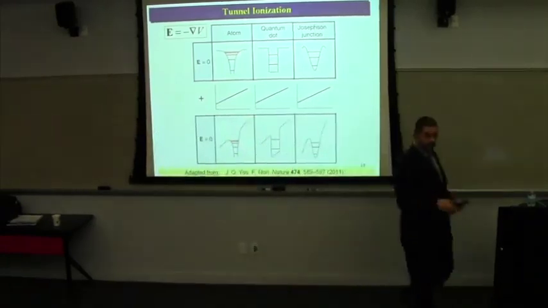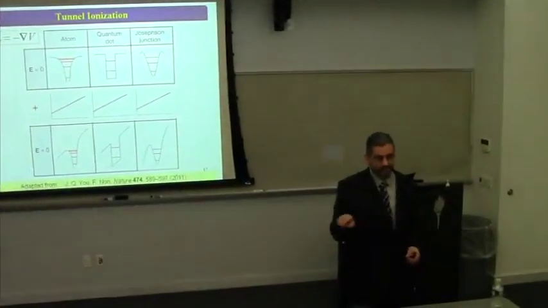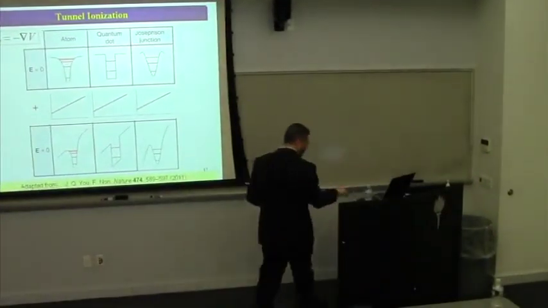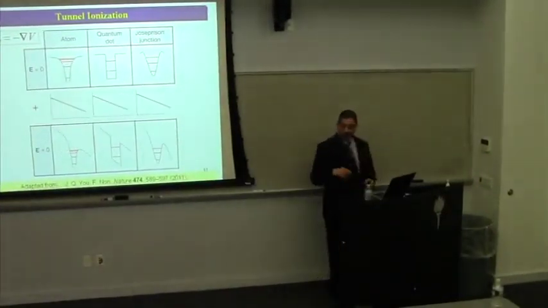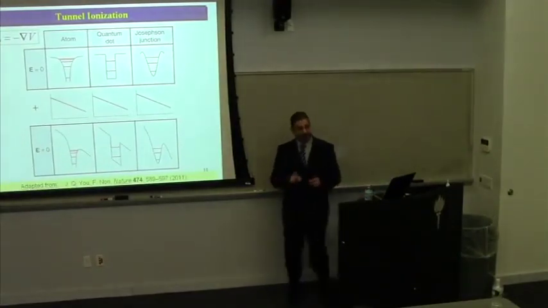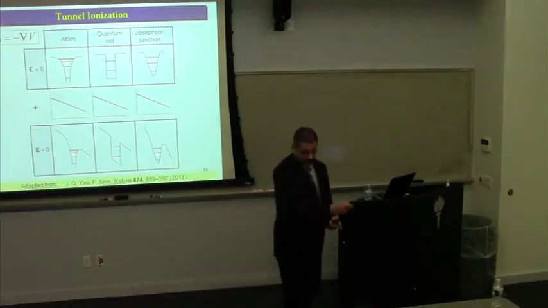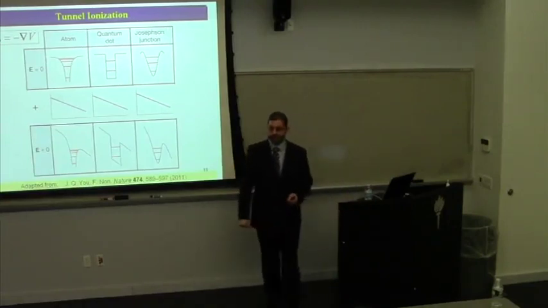And note as well that you're talking about oscillating time-dependent fields, and therefore the direction of the ramp can change, and the tunneling happens sometimes to the right and sometimes to the left under the influence of this field. All right?